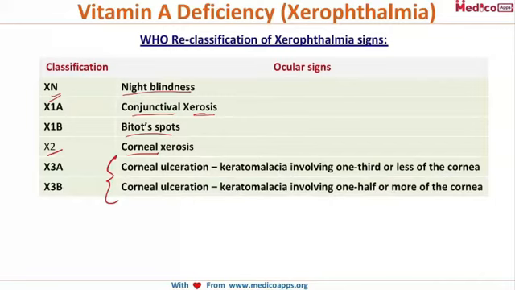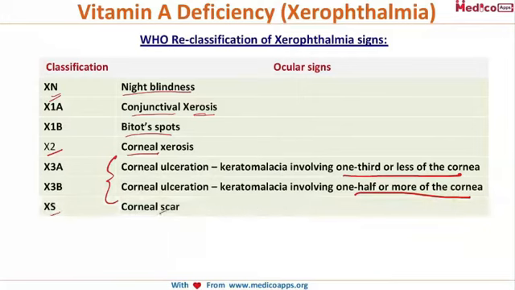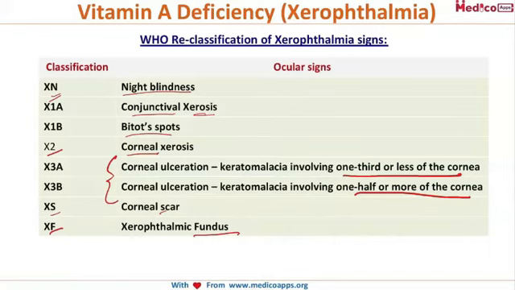However, X3A indicates only 1/3 or less than that of cornea is involved, but X3B when half or more of the cornea is involved. X3A 1/3 or less than that, X3B half or more than that. And XS stands for scar, that is corneal scar, and XF will stand for xerophthalmic fundus, F for fundus.